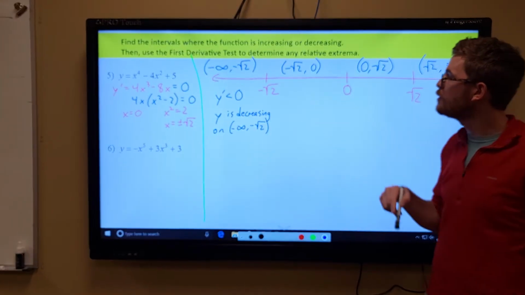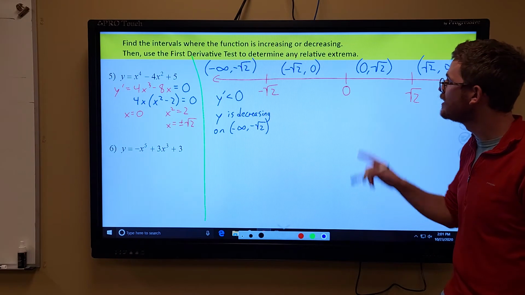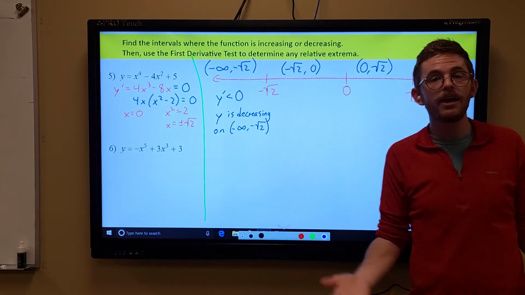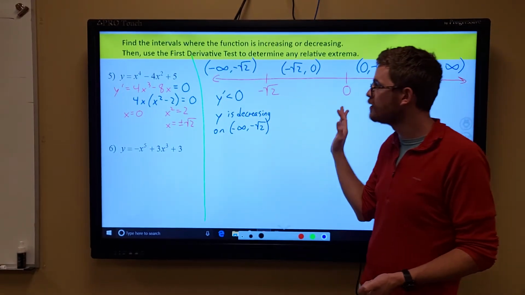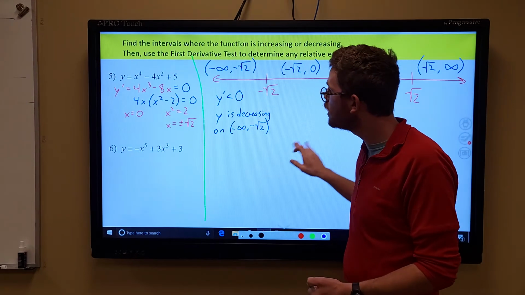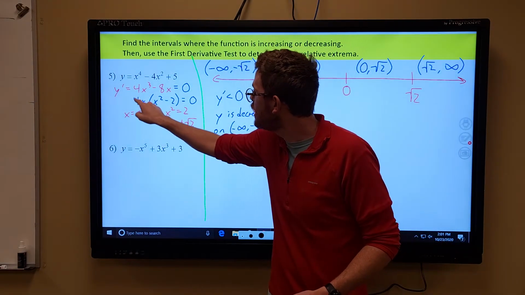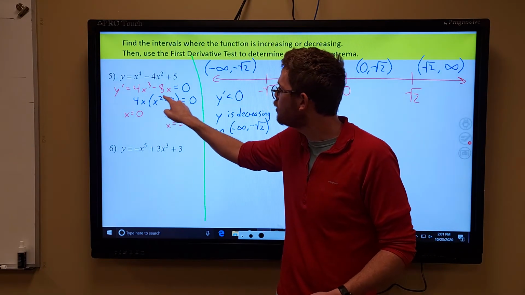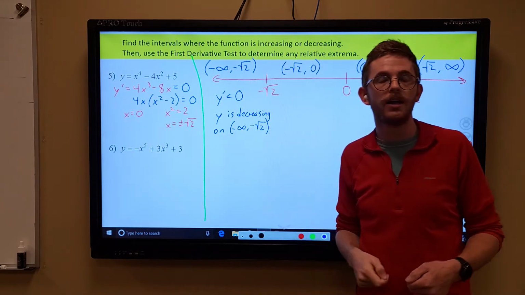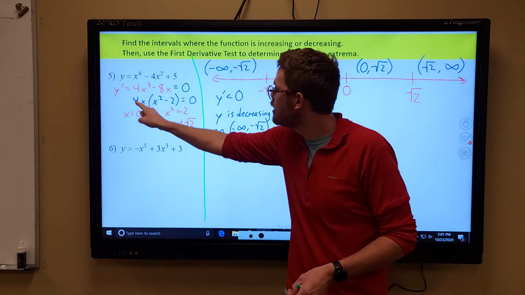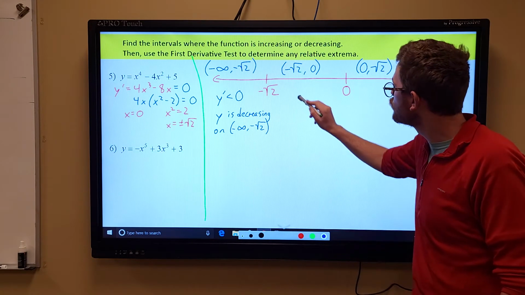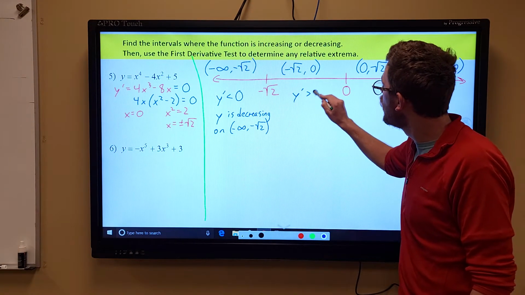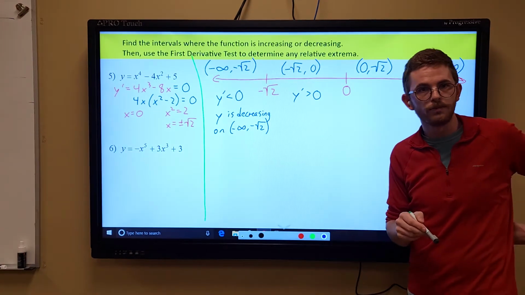Moving on, right here in between negative root 2 and 0 is something like negative 1. So plug in negative 1, and we actually get a negative on the outside. And if you put a negative 1 inside here, you're also going to get a negative. So we have a negative times a negative, which means our first derivative is positive on this interval.